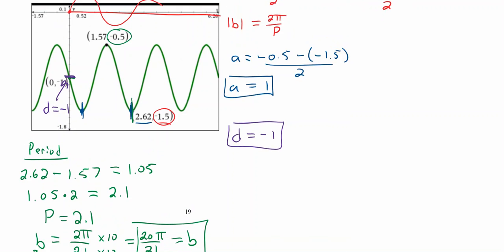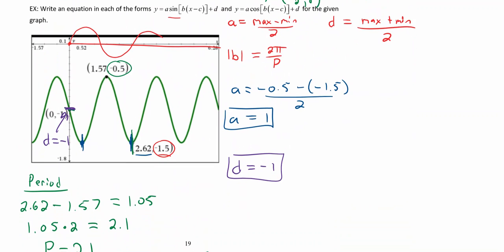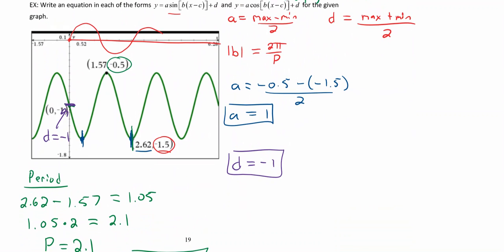All right, so now we're pretty good. I think we can actually start throwing this in. I'm just going to write down the basic equation again: y is equal to a sine b times x minus c, and then plus d. Let's fill it in. We know our a value is 1, so 1 times sine.